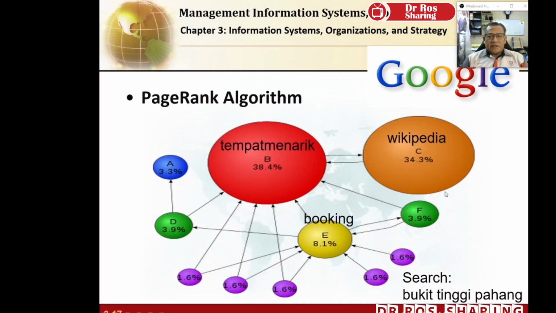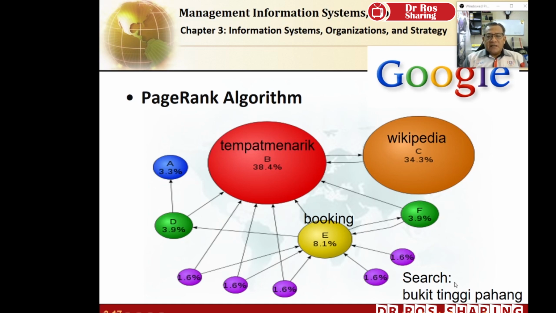What is a page rank algorithm? The page rank algorithm is a logical flow or mechanism to search for the information that the customer wants. Google uses this algorithm to rank which websites contain the most information based on the search word or phrase that the customer types. For example, you type in the Google search engine, Bukit Tinggi Pahang.